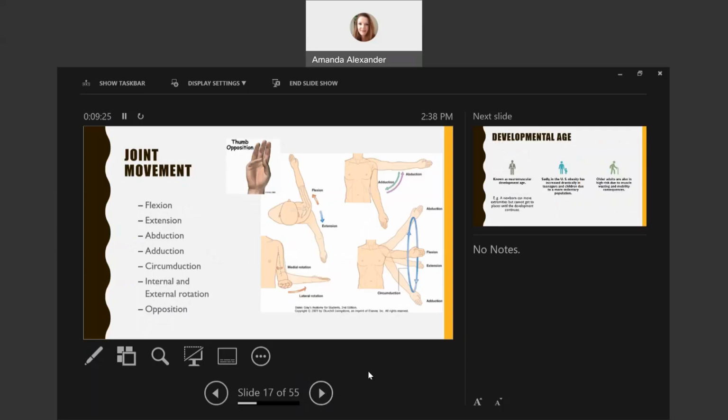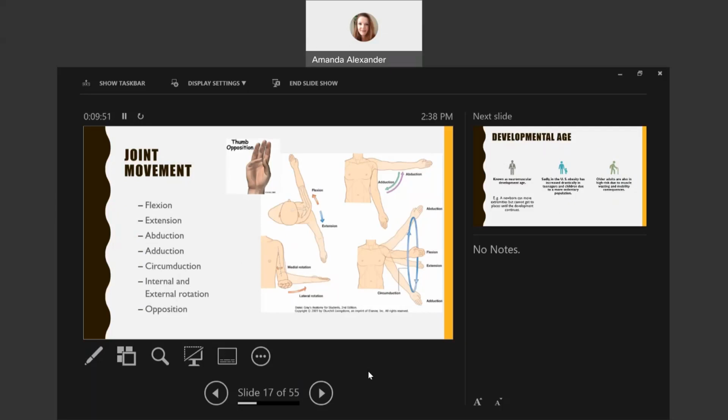Joint movement. If you think back to your physical assessment class, you learned these already. There's flexion, like flexing your bicep, extension, where you extend the muscle to its full length, abduction, when you're moving the extremity away from the body, adduction, you move the extremity towards the body.